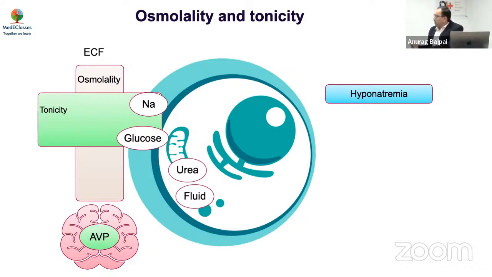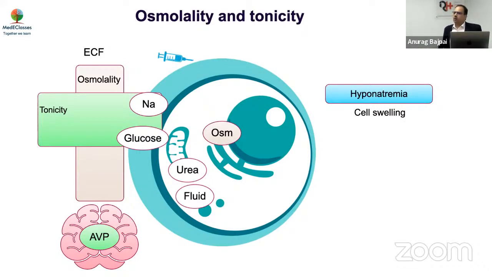To counter that, the body has a mechanism in the form of idiogenic osmoles, which are extruded, and through that we are able to avoid these problems. There is an adjustment which happens. If there is a rapid rise in the serum sodium, however, this adjustment becomes maladjustment, and that may cause a problem.